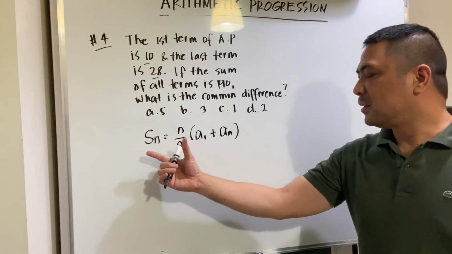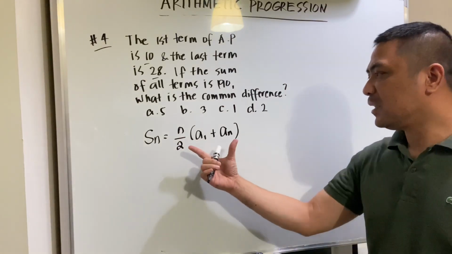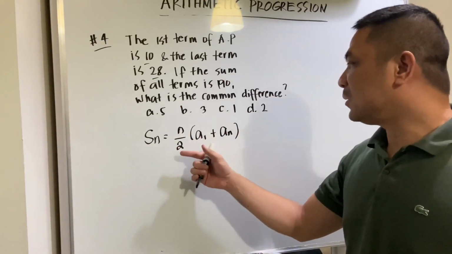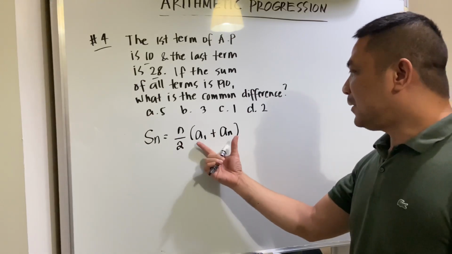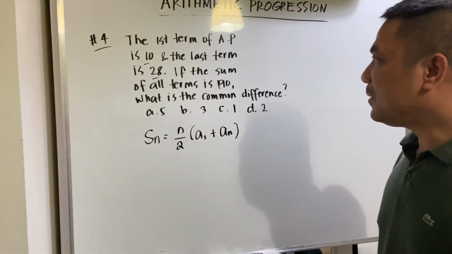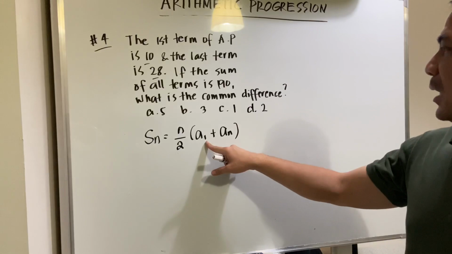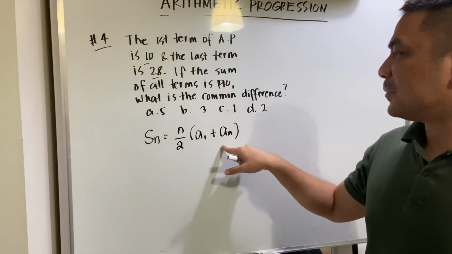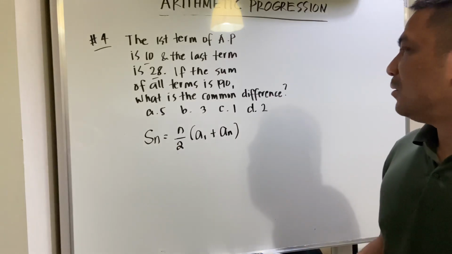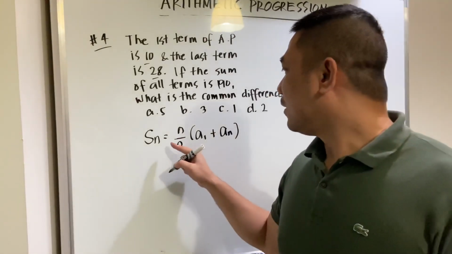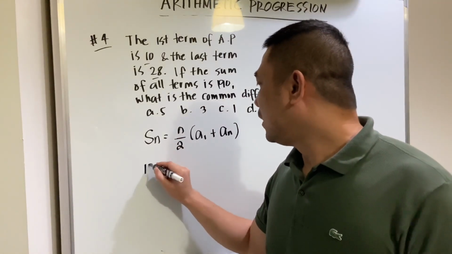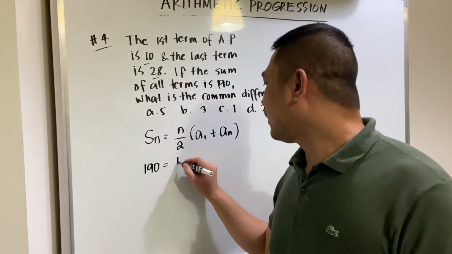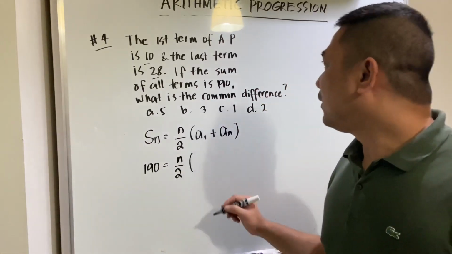The sum of all the terms in an arithmetic series is equal to n over 2 times the quantity, the first term plus the last term. So it seems here that we are given the first term and the last term, so we can get the value of n. So it's like 190 equals n over 2.